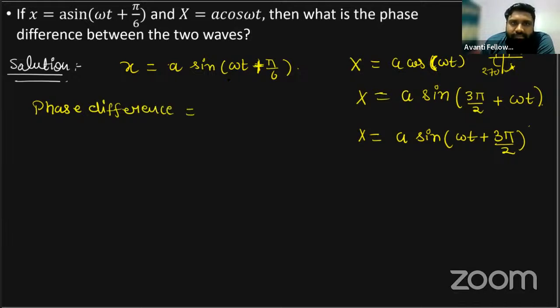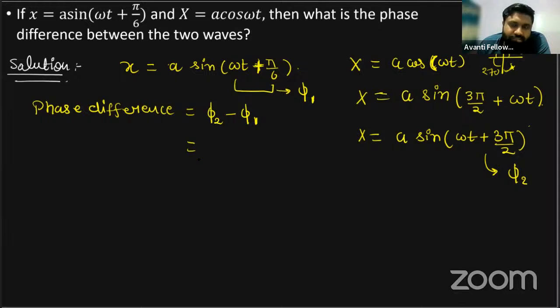Just subtract the phases. Consider this one as phi 1 and this as phi 2. Now you will take this minus this or this minus this, because the phase difference is the mod of phi 1 minus phi 2. So we will take phi 2 minus phi 1 here.